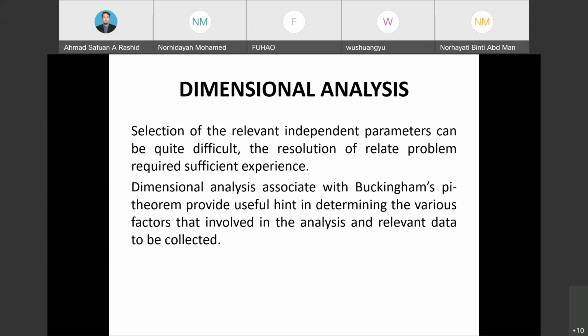Dimensionality associated with the Buckingham Pi theorem provides a useful hint in determining the various factors involved in the analysis and the relevant data to be collected.